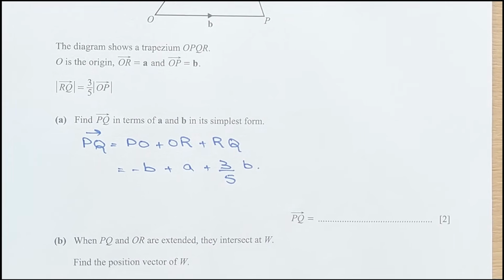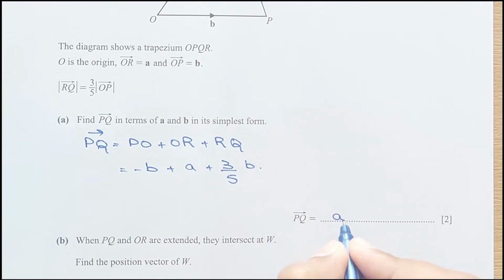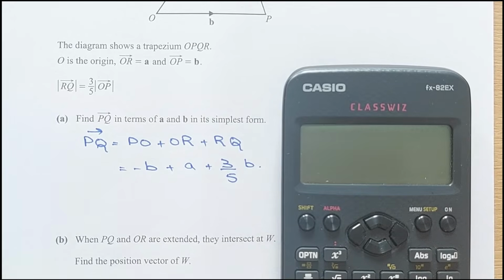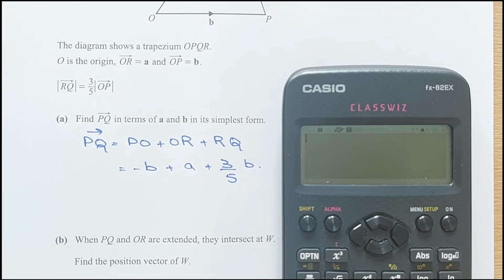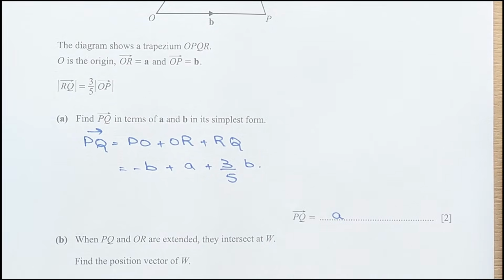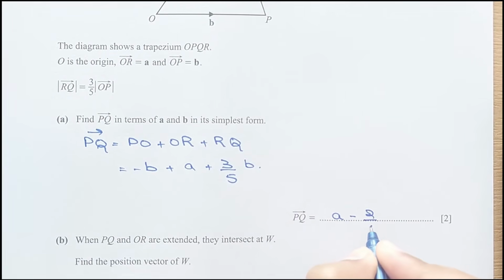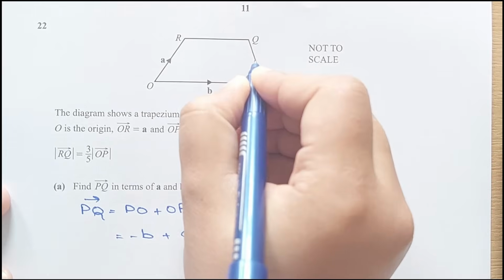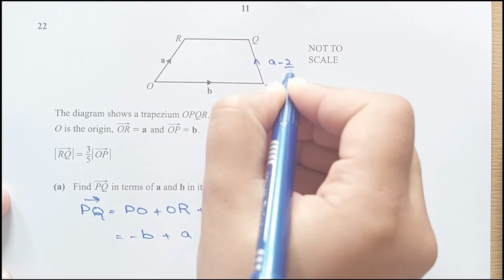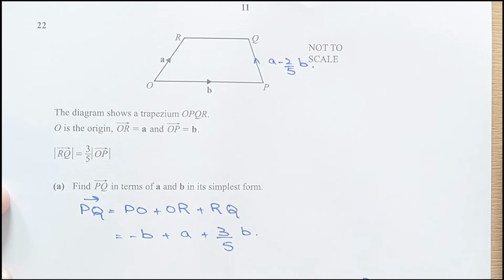So what is the answer? The answer is a, and for b, that is 3 by 5 minus 1, which is minus 2 by 5 b. This is the value of PQ, that is a minus 2 by 5 b, right?